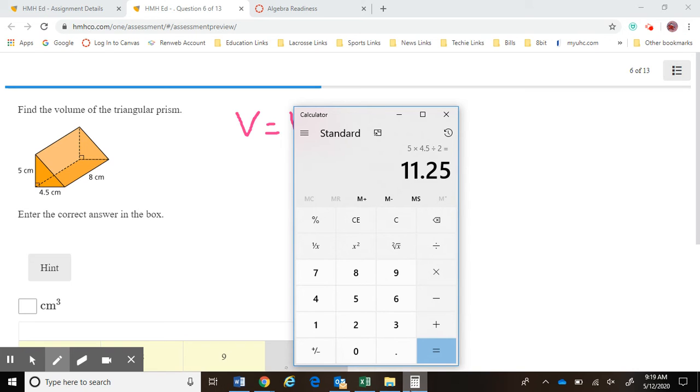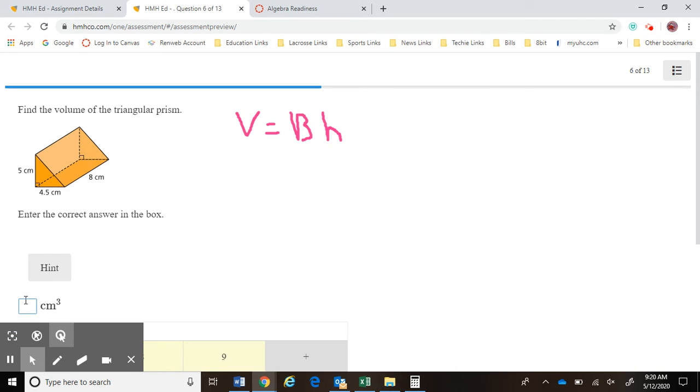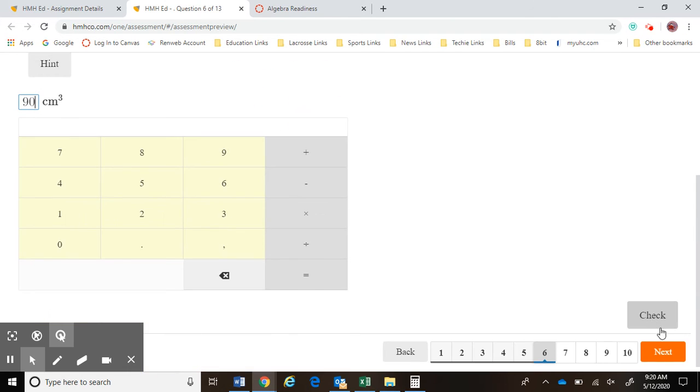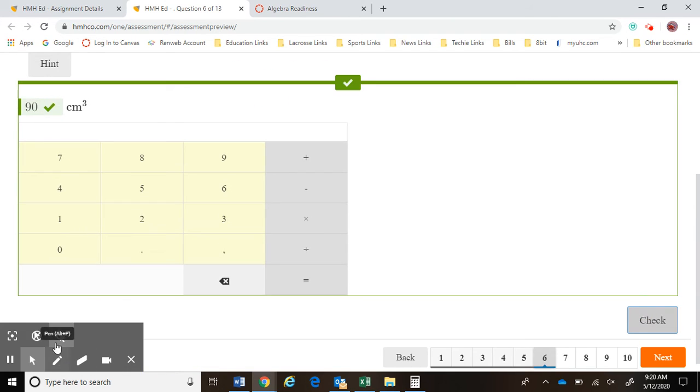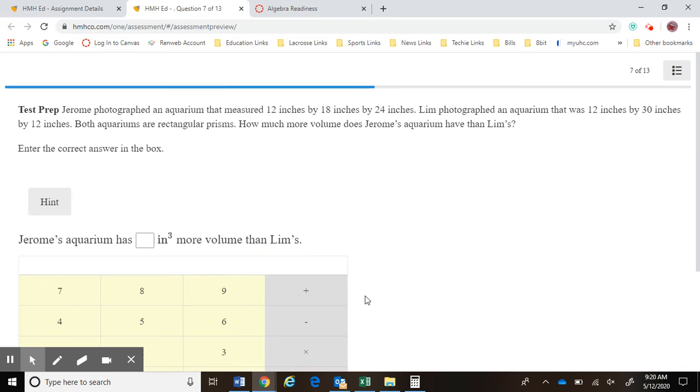And then what do we do after that? We're going to multiply it times the height, which is times 8. And what does that give us? A volume of 90 cubic centimeters. Okay. So now you start to see that they're pretty much doing the same thing over and over again, which is good.